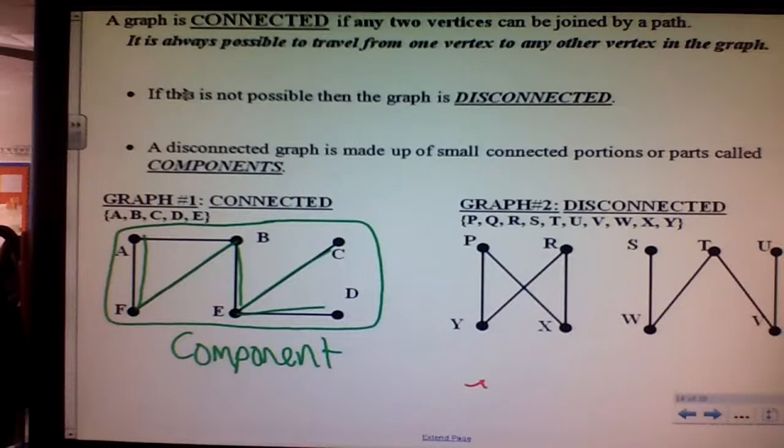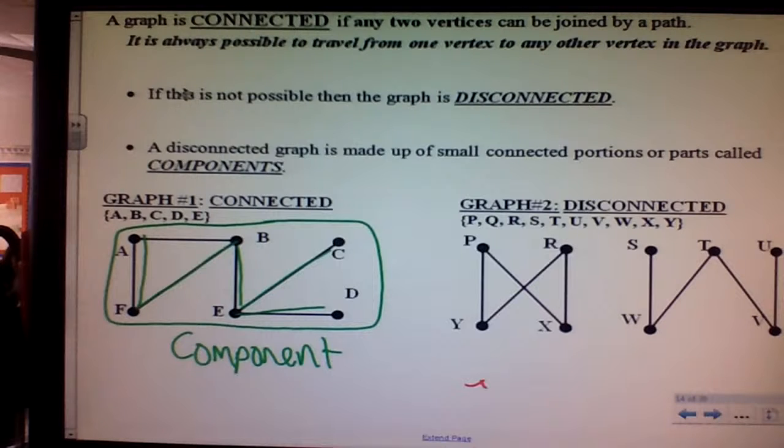But F is connected to A and B, and E is connected to B and C and D. So F is connected to B, and E is connected to C. Okay. So I'm not saying that A has to be connected to every point. I'm just saying that it has to be connected as a whole. It has to be connected to something.